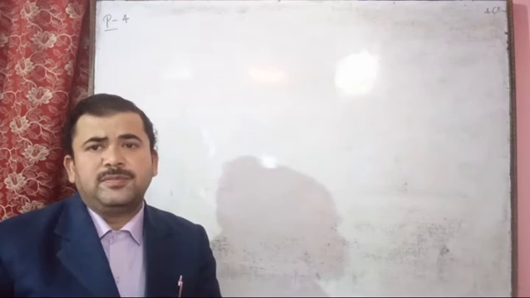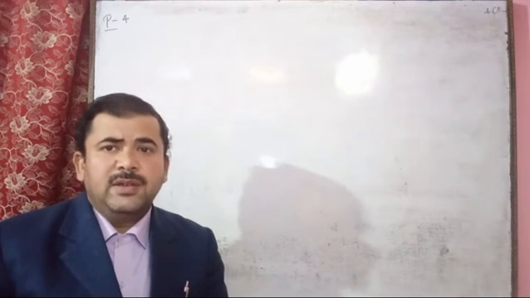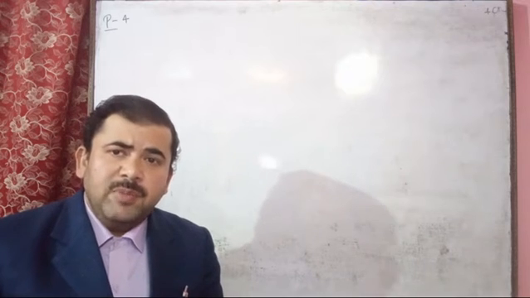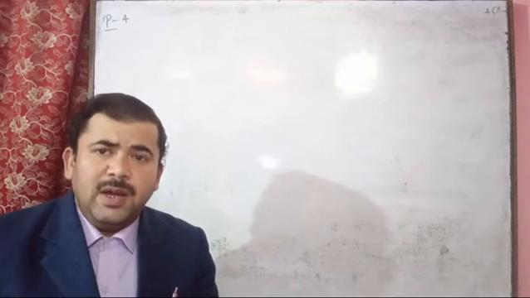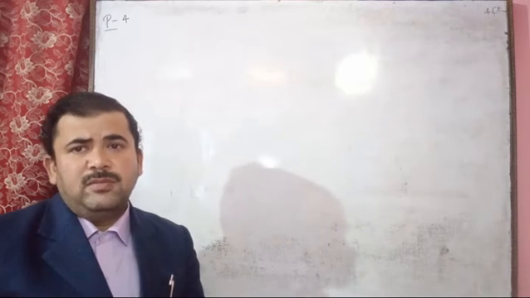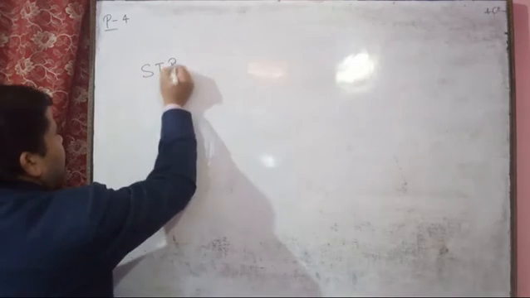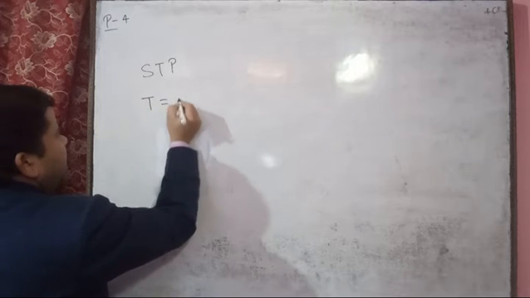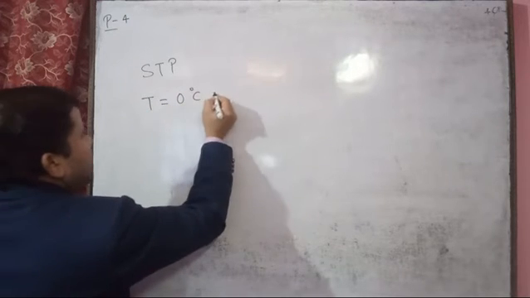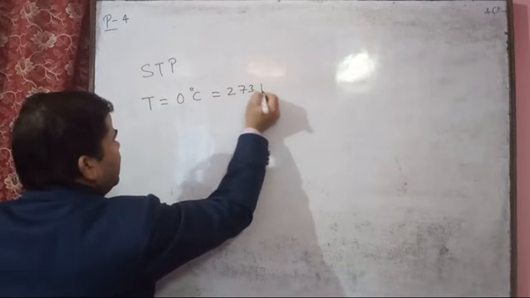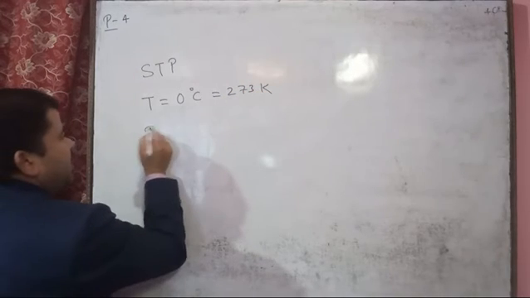And before the numericals, one more topic: standard temperature and pressure. STP means standard temperature and pressure, and we can also say NTP, normal temperature and pressure. Either one we can say. STP means the temperature is 0 degree Celsius, which is 273 Kelvin, and pressure is 1 atmosphere.